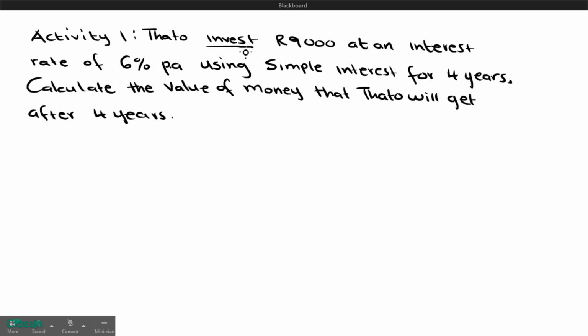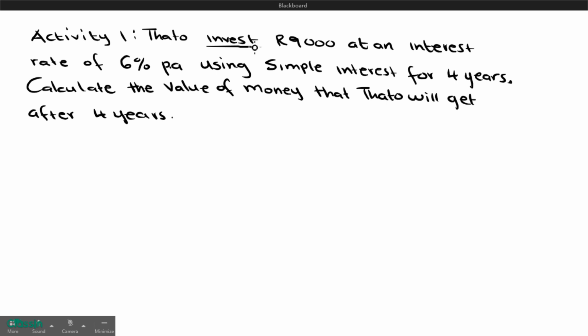So invest is present tense, so it means it is something that is happening at the current moment. But you are calculating something that this person is going to get in future.